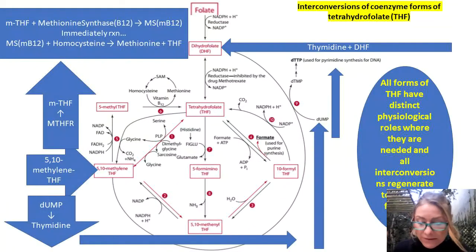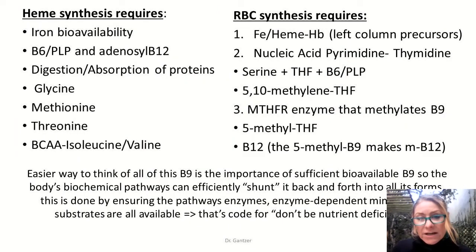This is the molecule that can either go into methyl tetrahydrofolate reductase, which is an irreversible pathway that puts a methyl group onto B9. The methyl B9 then transfers it to the cobalamin in the methionine synthase, which then puts that methyl group onto homocysteine to recycle homocysteine out of the blood for homeostasis, but it also regenerates methionine.